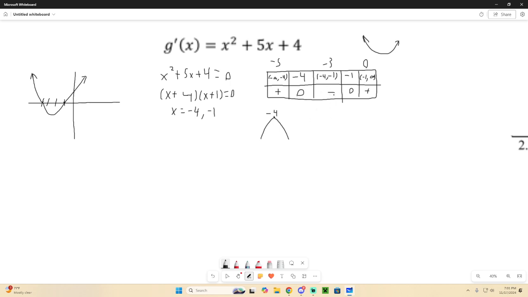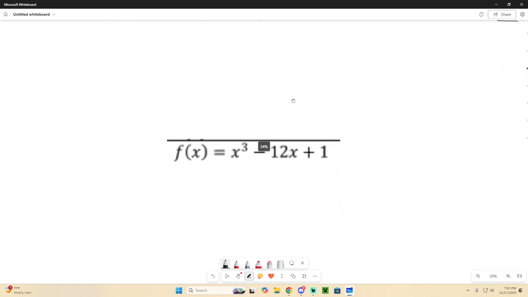It's going to go from negative, which means the original function is decreasing, to -1, to increasing. So this is going to be -1. So we have a max at x equals -4, and we're going to have a minimum at x equals -1. And there we go. Alright, let's move on.